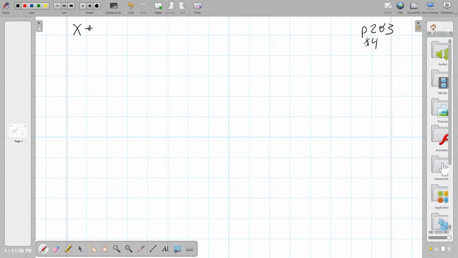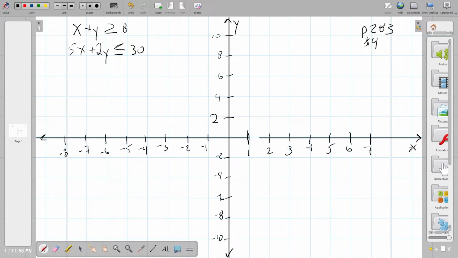X plus y is greater than or equal to 8, and 5x plus 2y is less than or equal to 30. So the first thing we want to do is make our graph. All right, x plus y greater than or equal to 8.